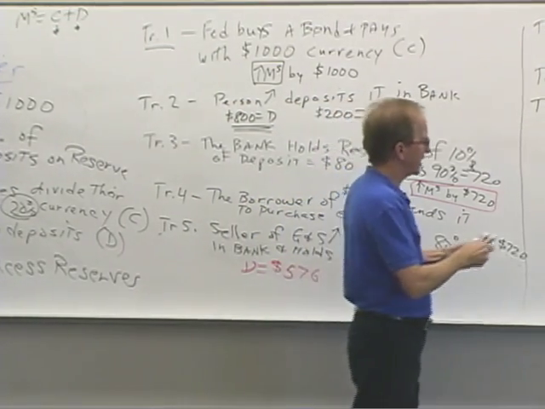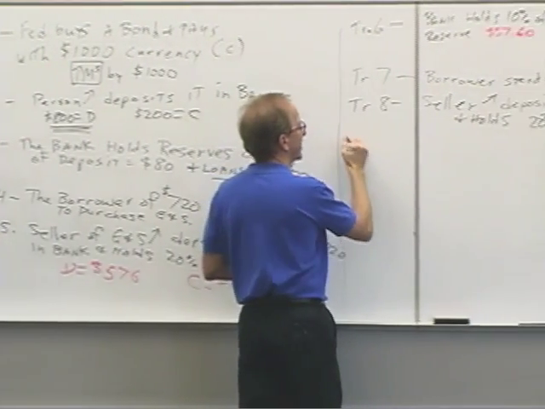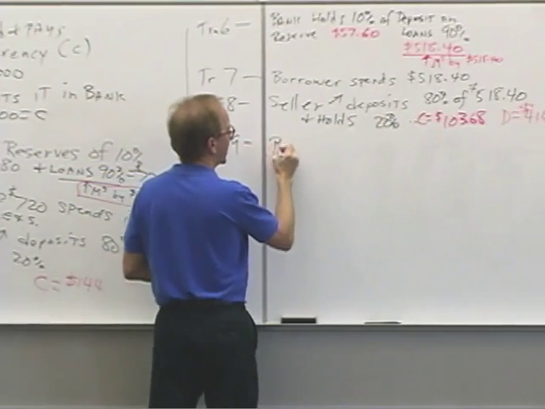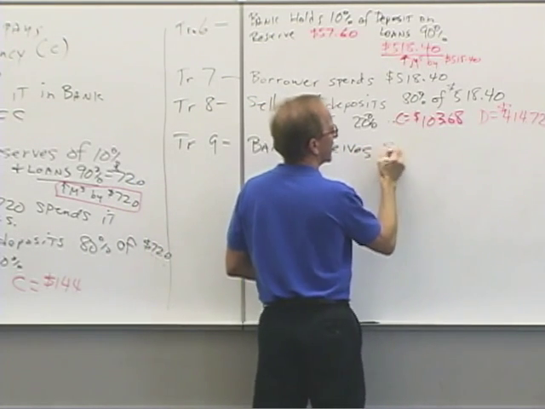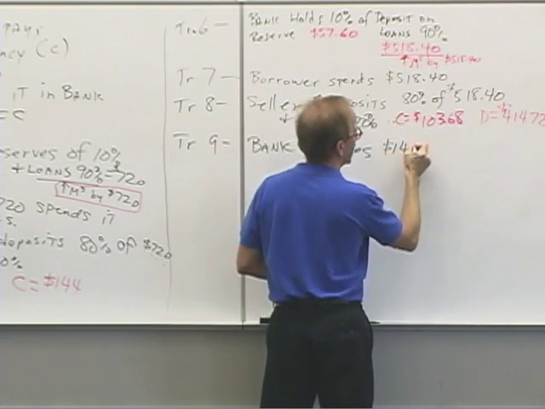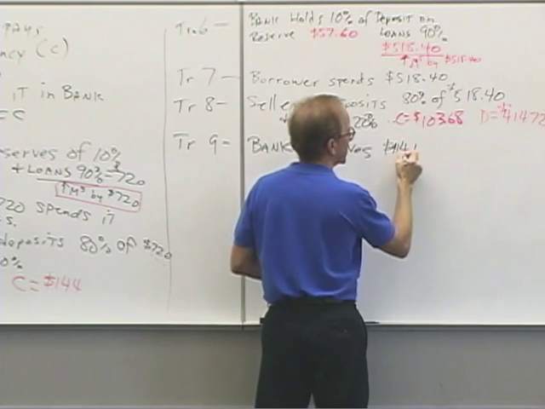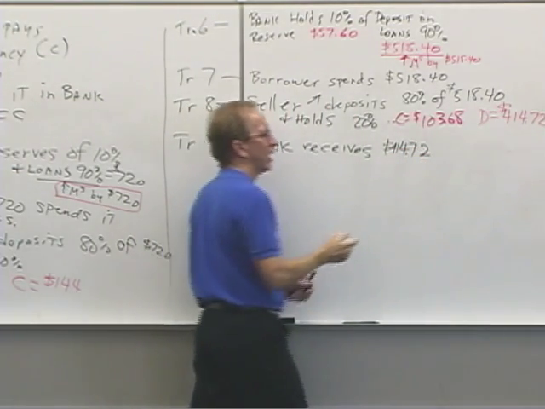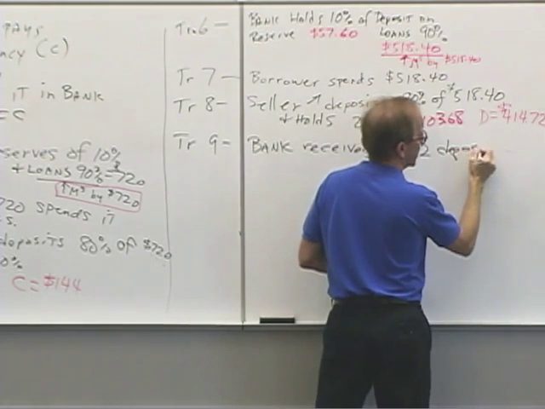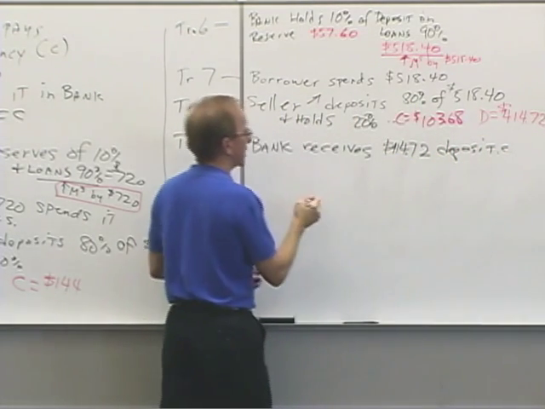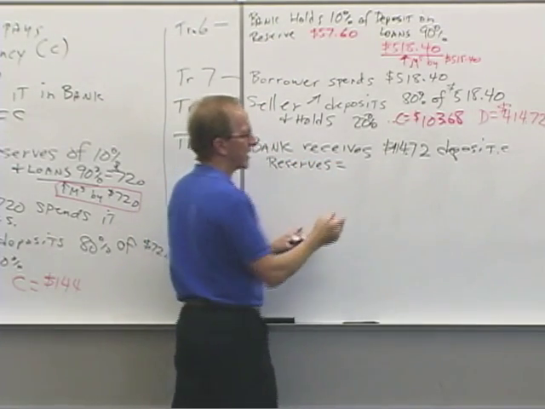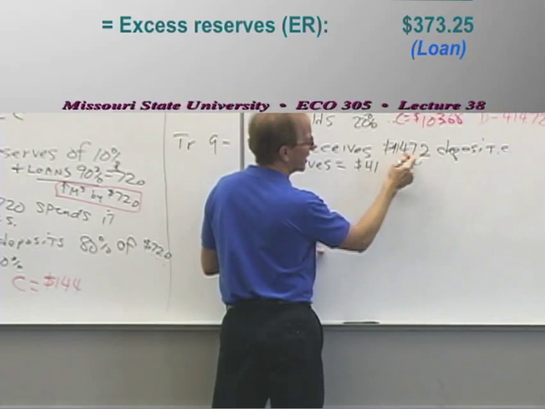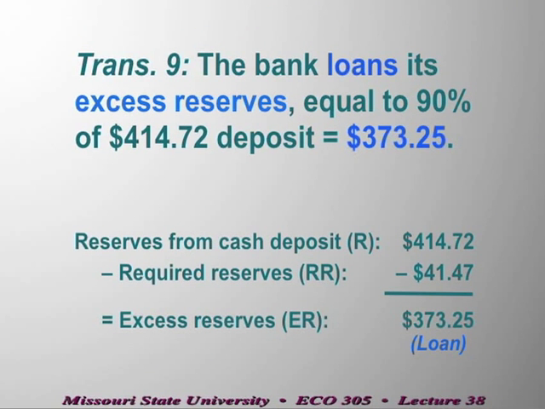Okay? And then transaction 9. The bank receives $414.72 on deposit, reserves 10% of that, so $41.47, right?